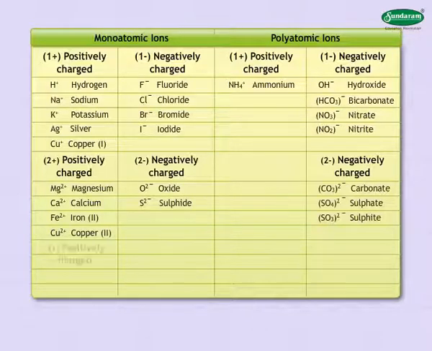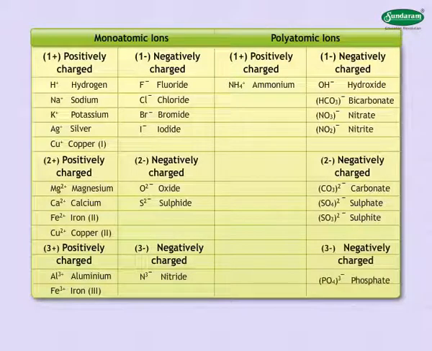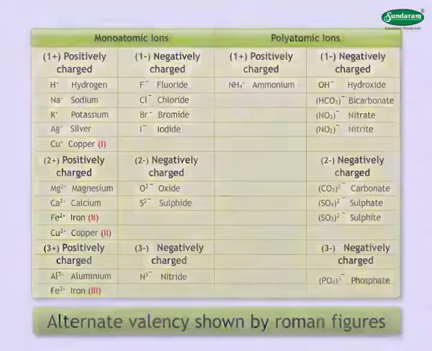The monoatomic triple positively charged ions are aluminium, iron 3. The monoatomic triple negatively charged ion is nitride. The polyatomic triple negatively charged ion is phosphate. Some elements show variable valency. The alternate valency shown by elements is indicated in brackets by the side of their ions in Roman figures.